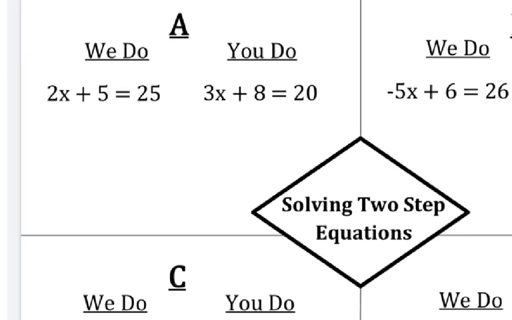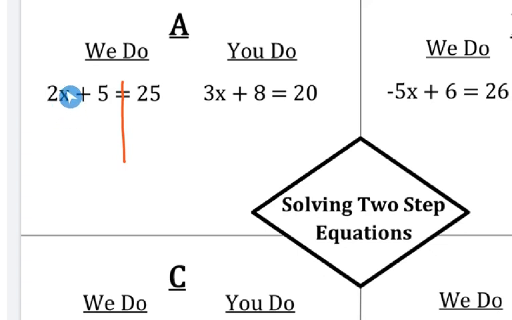So as we did with one-step equations, we are going to begin by drawing a border on my equal sign. This separates the left side of the equation from the right side of the equation. So whenever we have a two-step equation, we first find the variable, that's our letter, which is x.